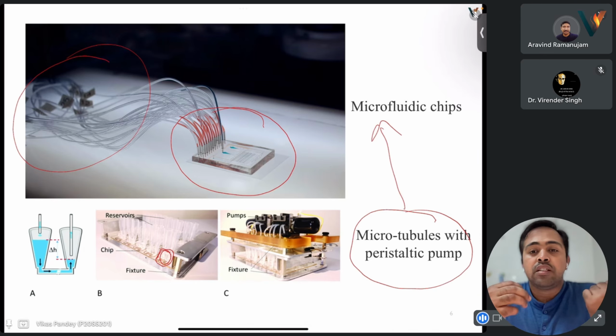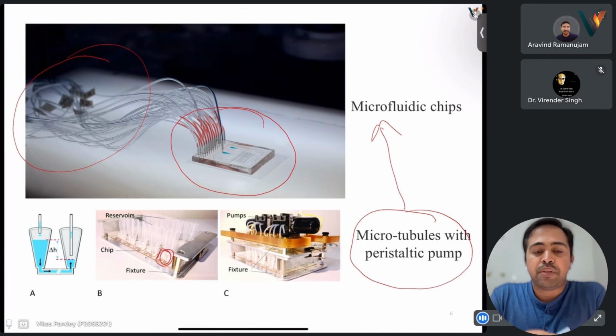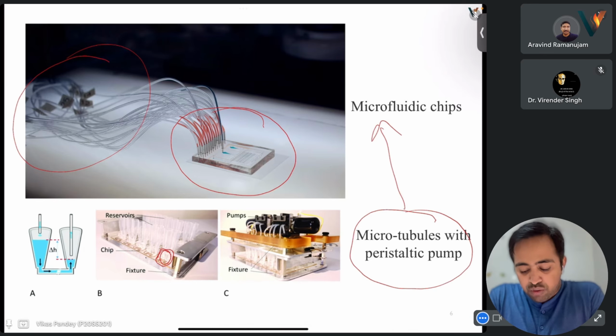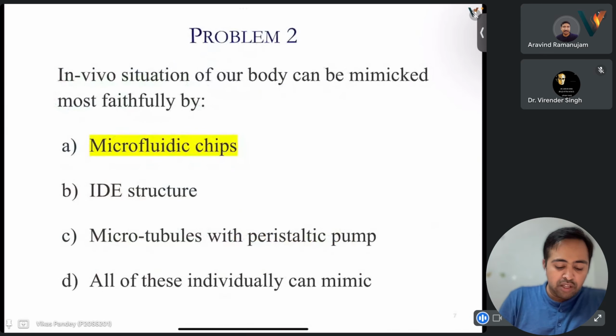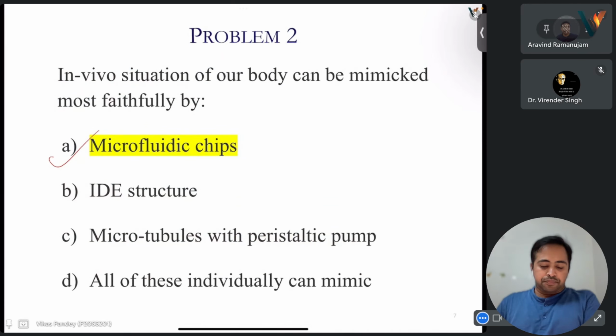Whereas in case of using a peristaltic pump, we have bigger tubes, and that's why we have to deal with a larger amount of fluid, and to have precise control over this is difficult. So the correct answer is microfluidic chip. Fine. Any doubts in this? No, sir. Okay.